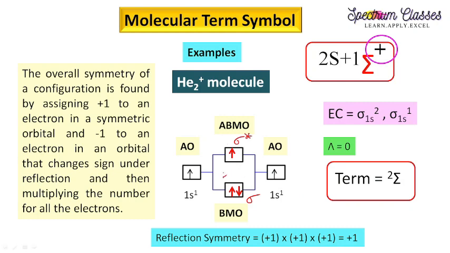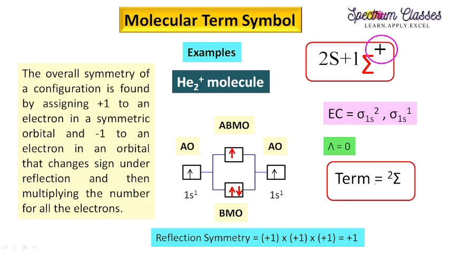For this plus half, for this minus half, they will cancel each other out. So only plus half will be the value of S, the spin angular momentum. If we calculate the spin multiplicity, we have 2 into 1 by 2 plus 1, which gives me 2. So here is the spin multiplicity.